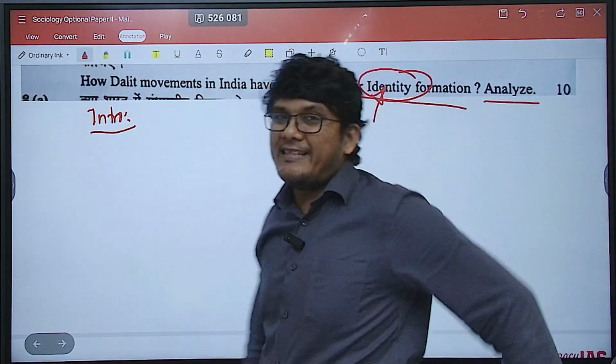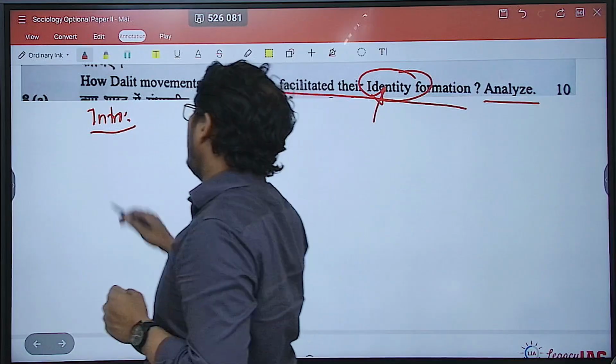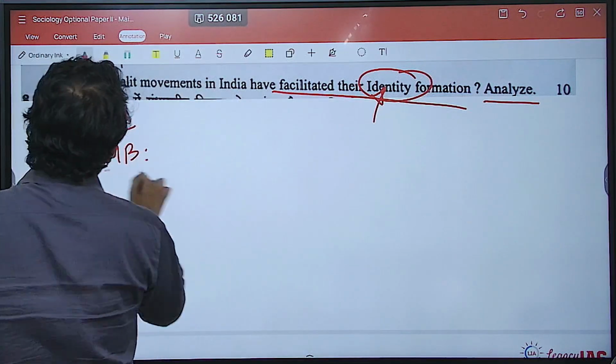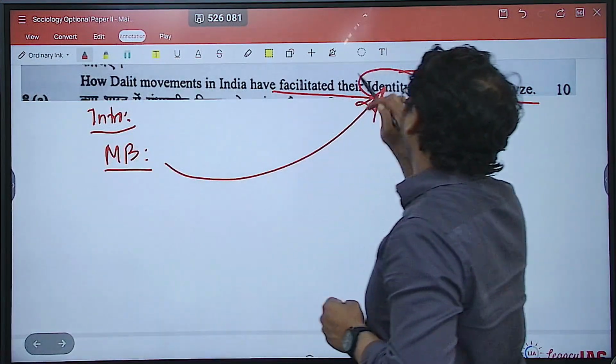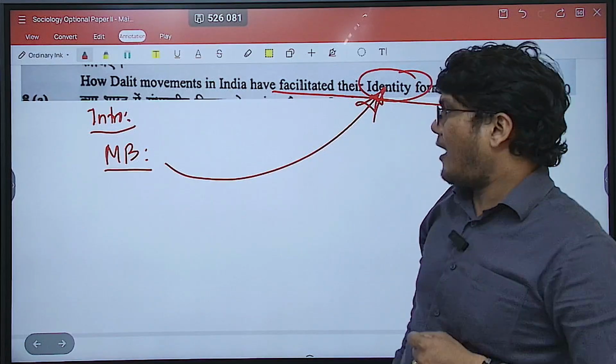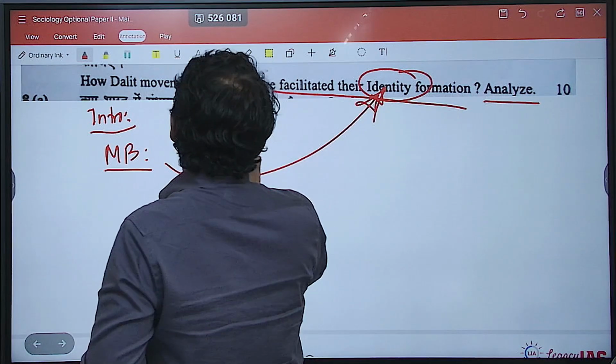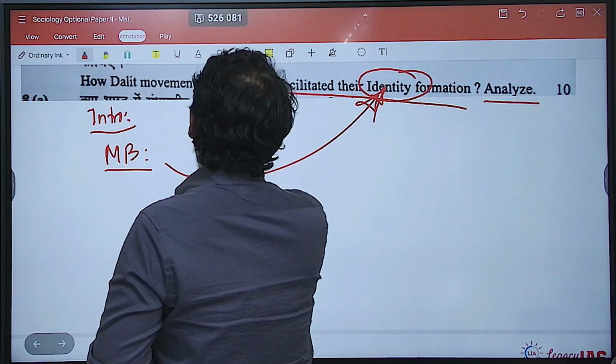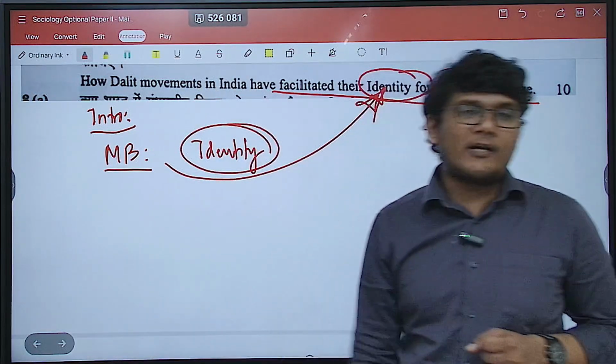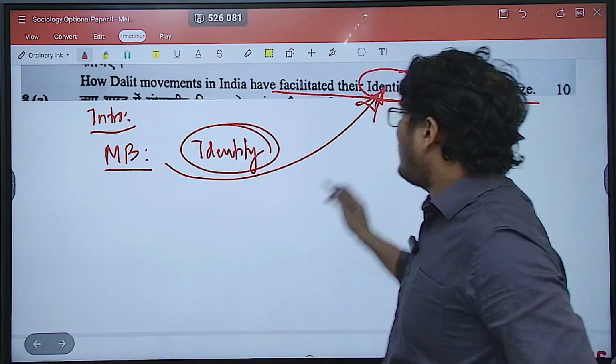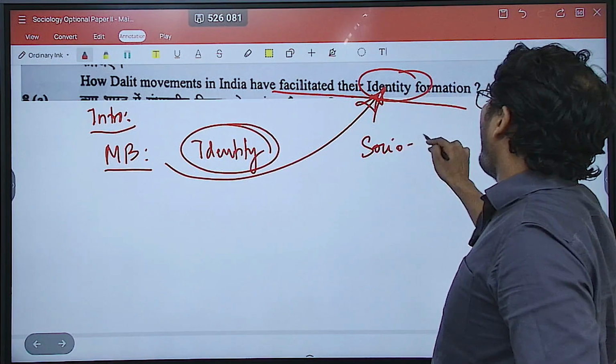But this will just be your introduction. In the main body, you are going to talk about how it facilitated their identity formation. It created their identity, which is separate. It's not in relation to their religion, not in relation to their caste, but in relation to their socio-economic condition.